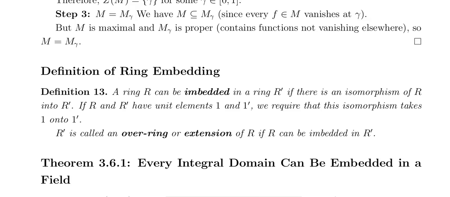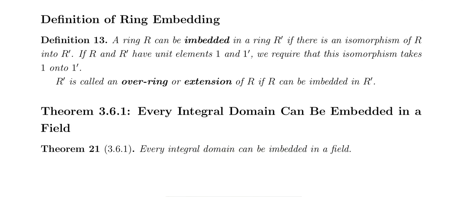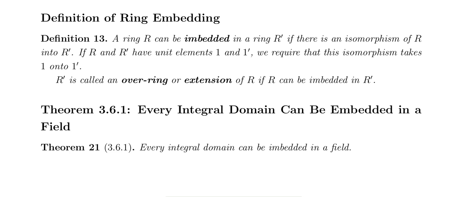And the definition of ring embedding: a ring R can be embedded in a ring R dash if there is an isomorphism from R into R dash. If R and R dash have the unit elements 1 and 1 dash, we require that this isomorphism takes 1 into 1 dash.